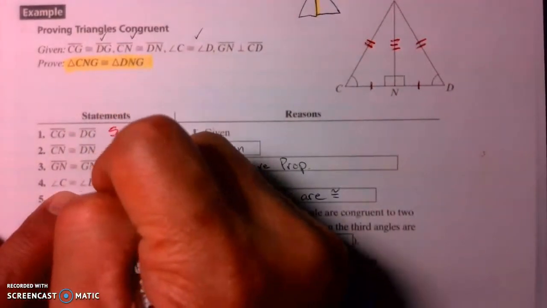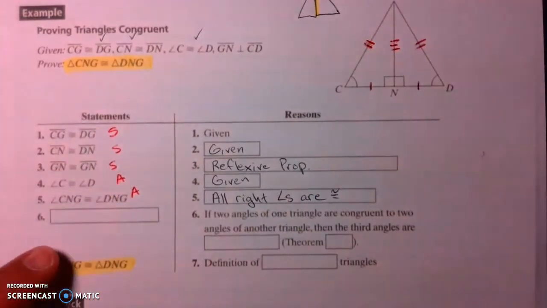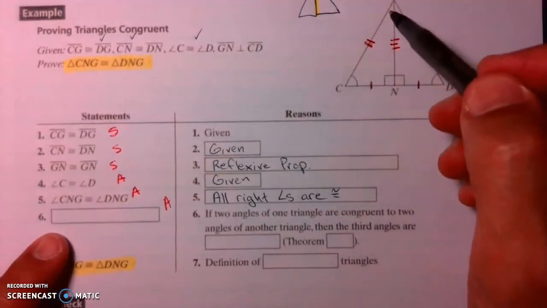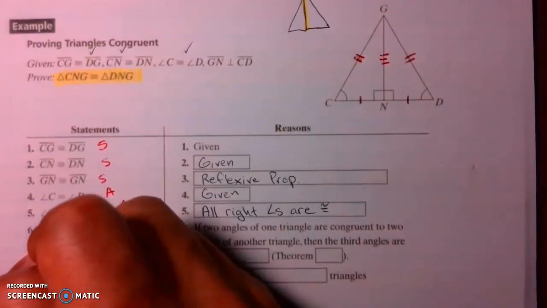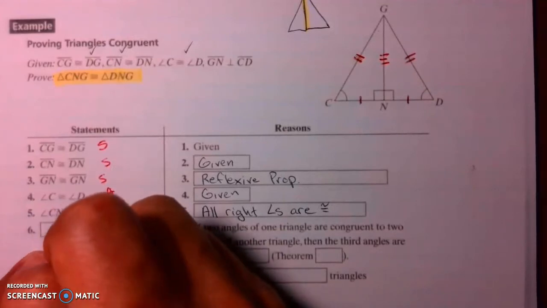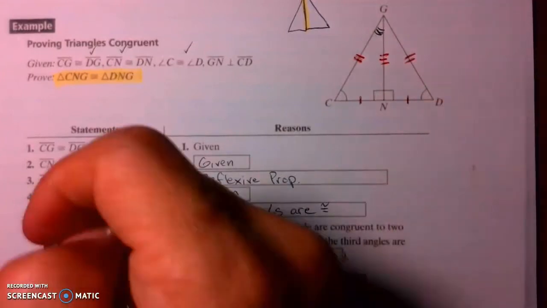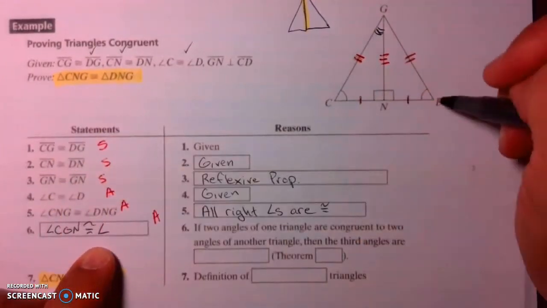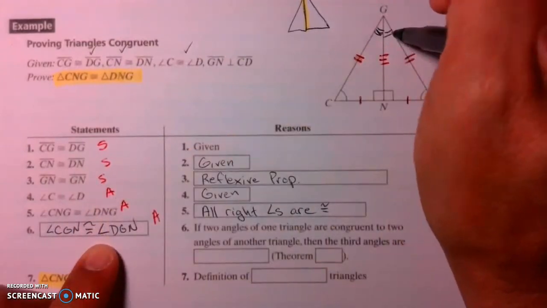By the way, step 4, this is an angle. This is an angle. We've got 3 of the sides. We got 2 of the angles. We need 1 more angle here to prove everything's equal. So it's going to be this angle near the top here. And so we're going to say angle CGN, this tick mark here, 1, 2, 3, is equal to angle DGN, tick, tick, tick.